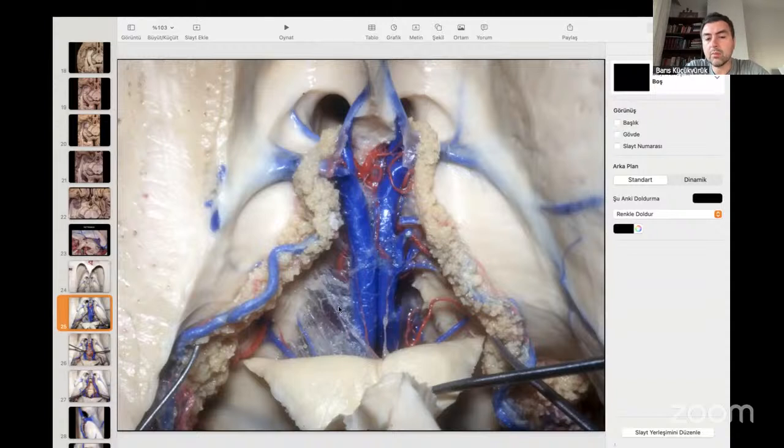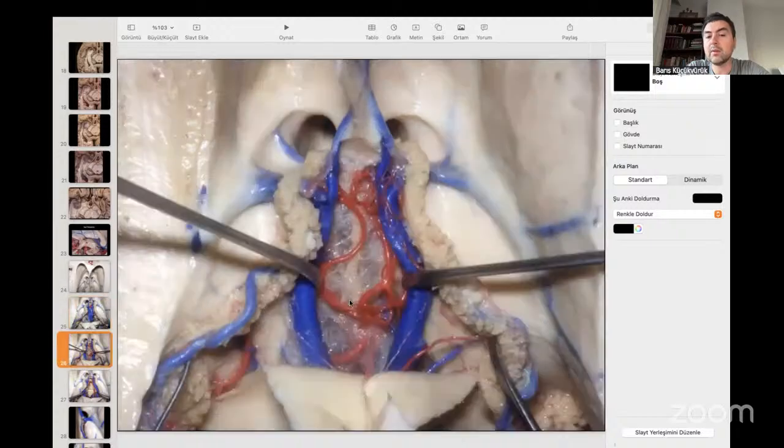The first thing we see is the tela choroidea, and then we see the internal cerebral veins, which are the major venous structures draining the basal or deep structures of the cerebrum. So all the thalamostriate veins, caudate veins, and septal veins drain into the internal cerebral vein, and there are medial posterior choroidal arteries, which also supply the choroid plexus.